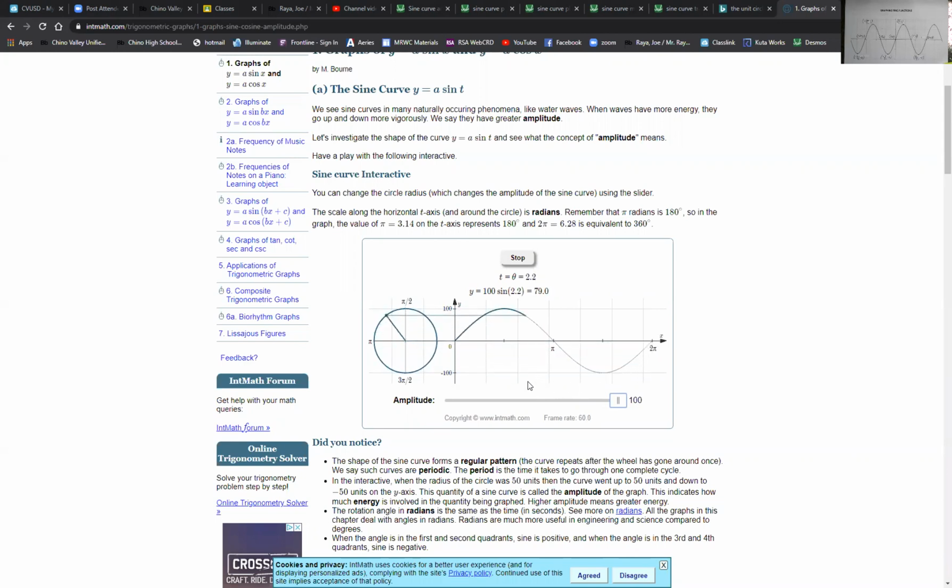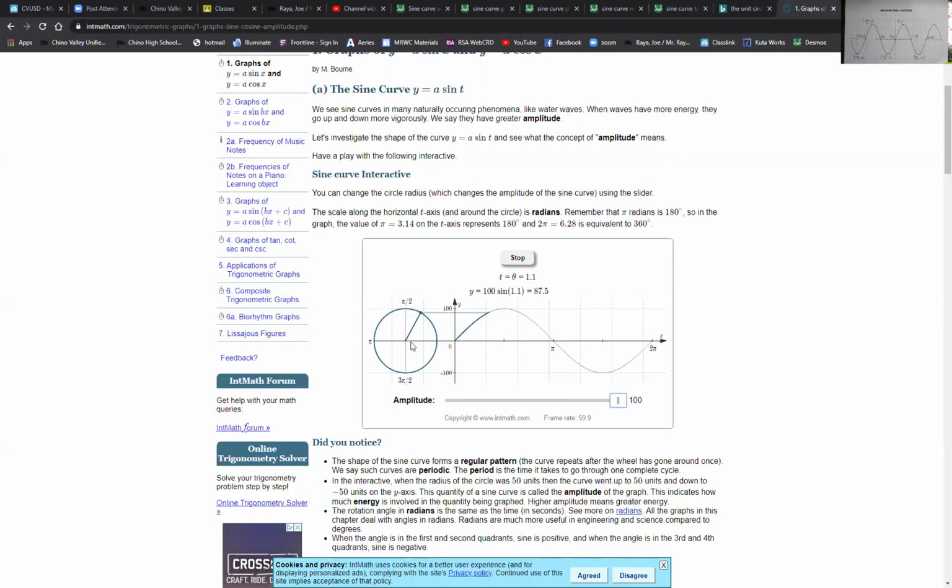Because this is going all the way to 100, we have to just pretend this has a maximum value of 1. At pi over 2, the sine is 1. In this case, it's getting much larger because of this number here. As I reduce that, I can go all the way down to 20, but in reality, I should be able to go down to 0.